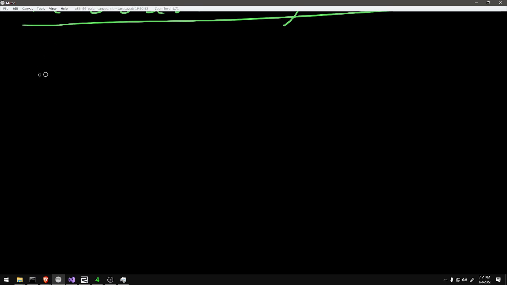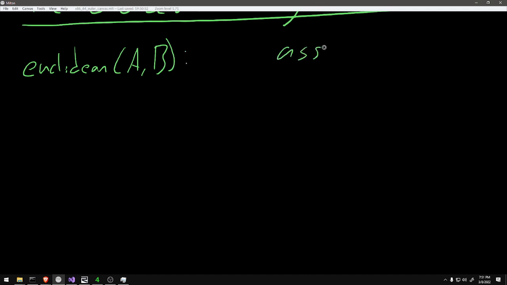So the idea is we have two numbers come in. I'll call this Euclidean of A, B. And for my pseudocode here, we're going to assume that 0 is less than A is less than B, okay?